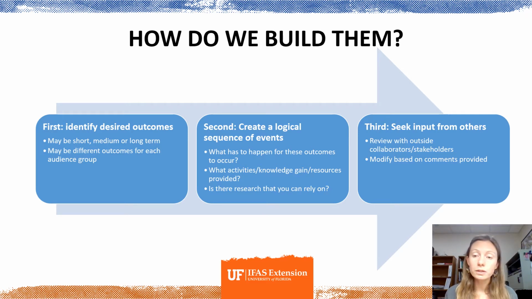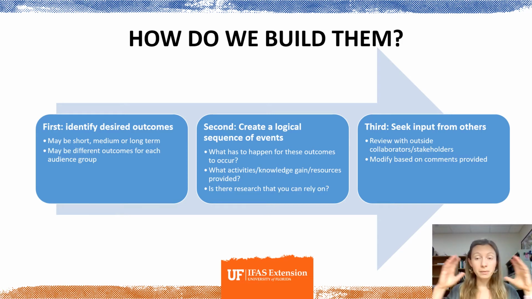They might be short outcomes, they might be medium-term outcomes, or they might be long-term outcomes. Long-term outcomes generally are associated with social, economic, or environmental changes. So, for instance, a long-term outcome of a nutrition program might be this community will see a drastic reduction in heart disease, right?